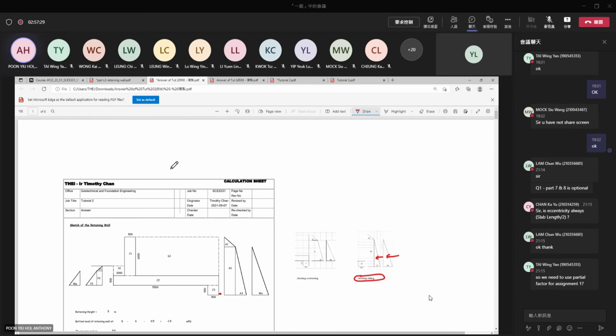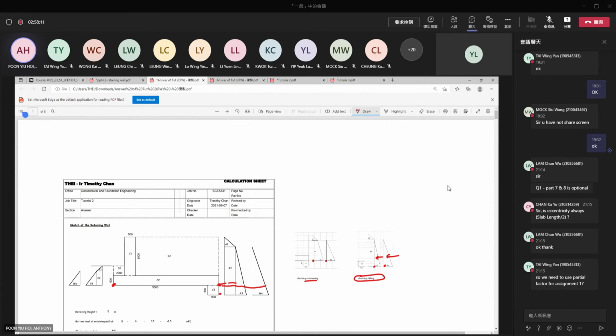Whereas for checking for overturning, we take moment about this point. So the pressure used to calculate that will extend up to this point. So there's a little bit of difference between checking the overturning. So we plot this pressure diagram up to this point, whereas when we are checking sliding, we plot the pressure diagram up to this point.